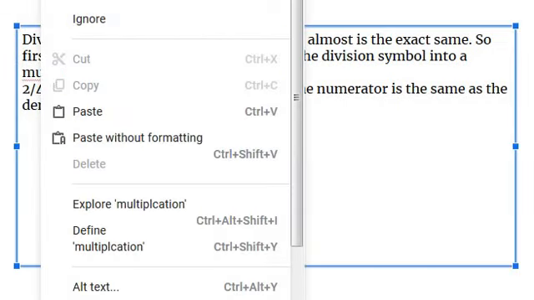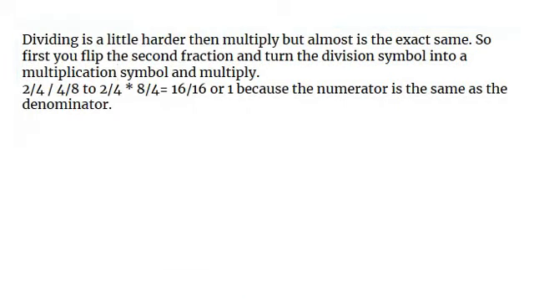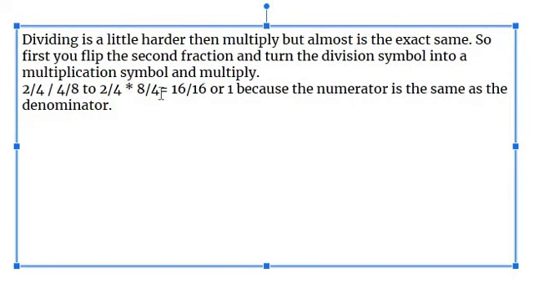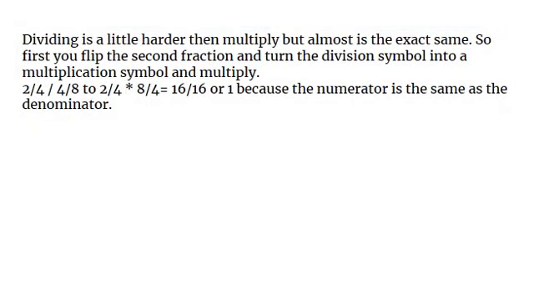So 6/4 divided by 4/8 becomes 2/4 times 8/4, because you just flip the second one and turn the division into a multiplication symbol, equals 16/16, or 1, because the numerator and the denominator are the same.